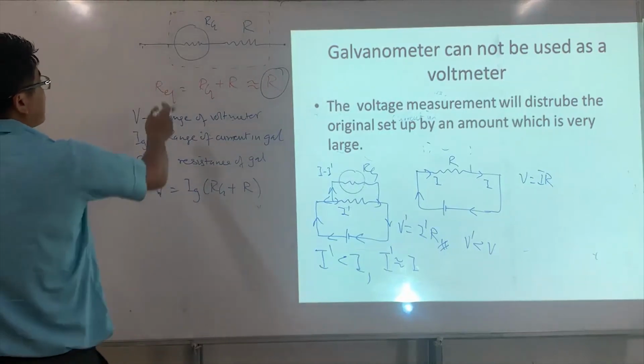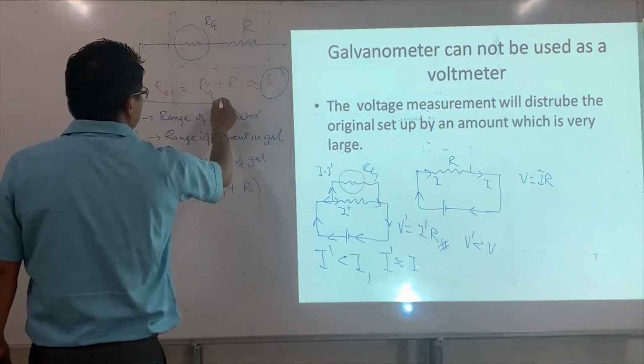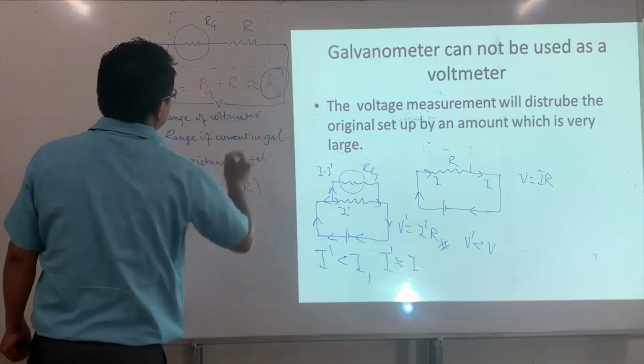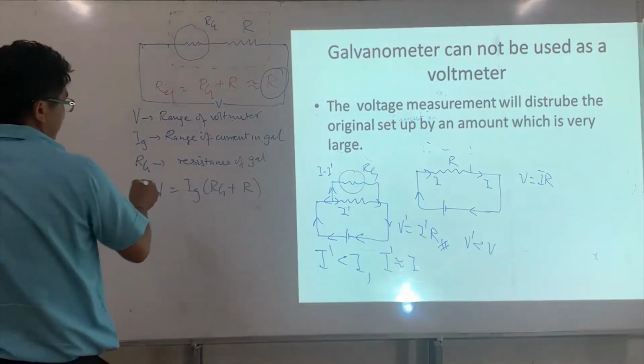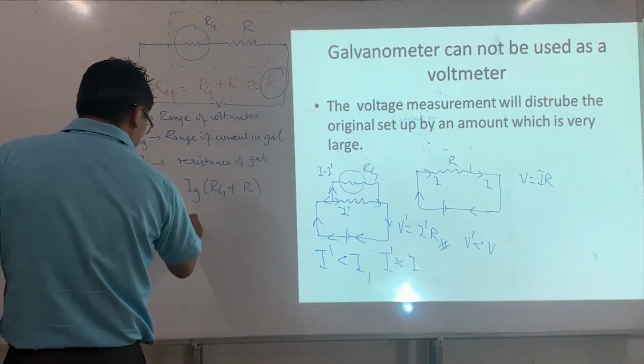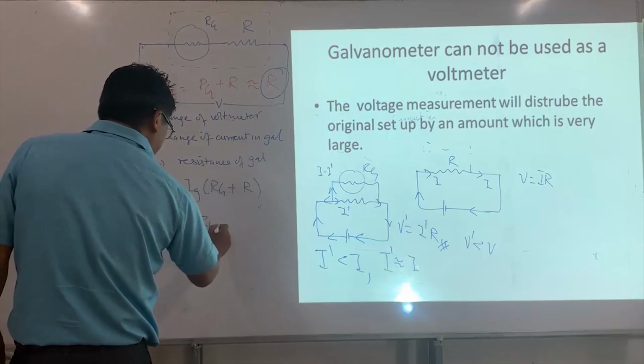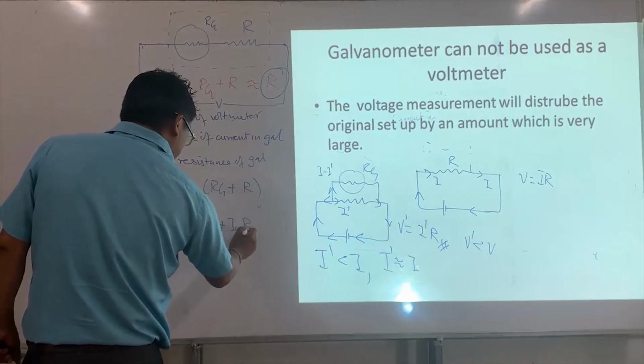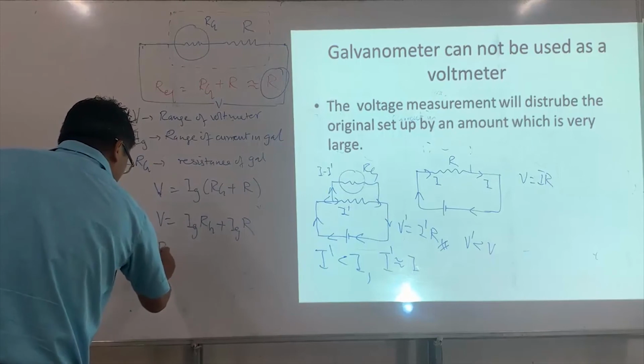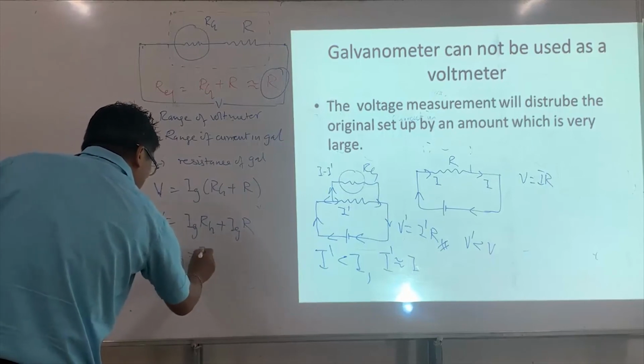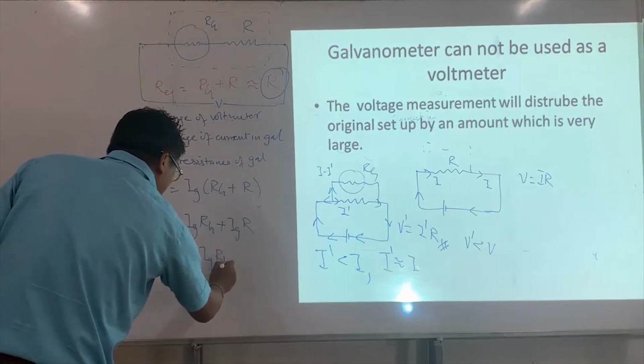Okay. This is the range of voltmeter. Alright. So V equals Ig Rg plus Ig R, and this goes to this side.